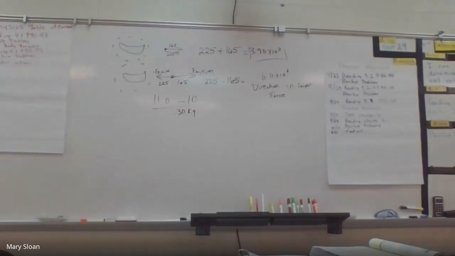Now I want you to do 11 minus 10. Use the arrow button on the right to take you down to the bottom, then put 0.30 in here and hit enter.